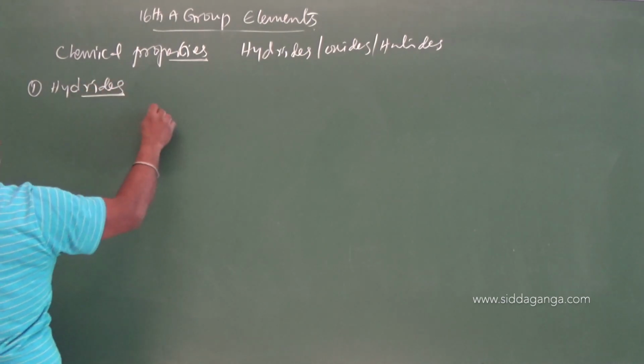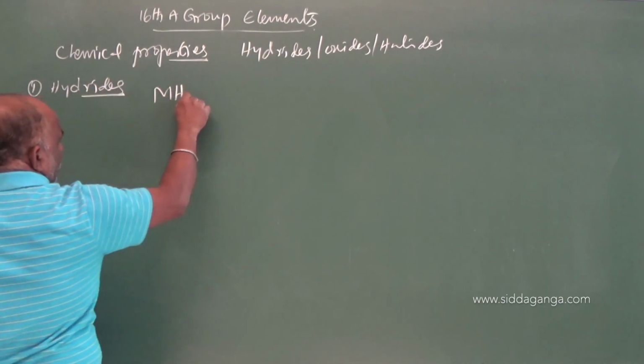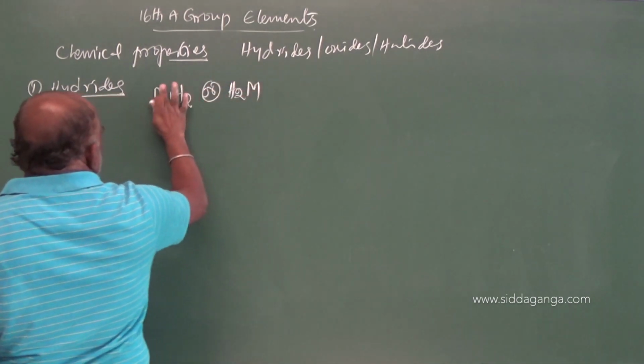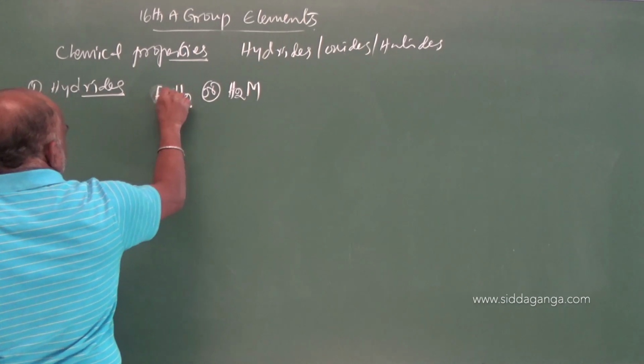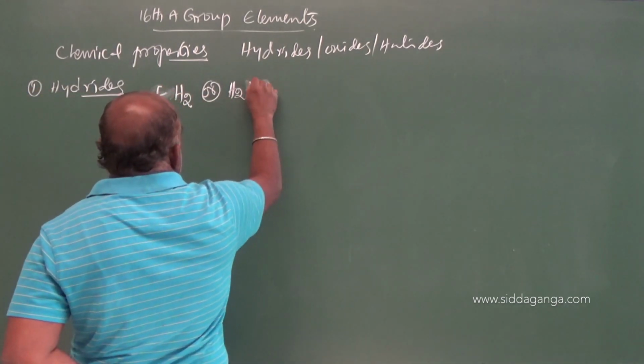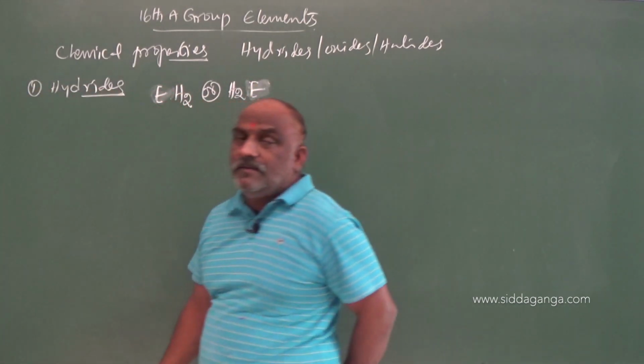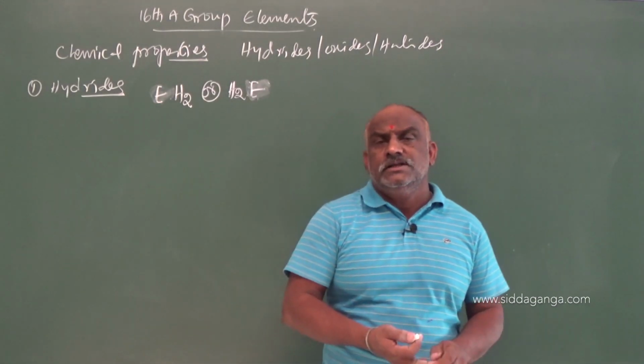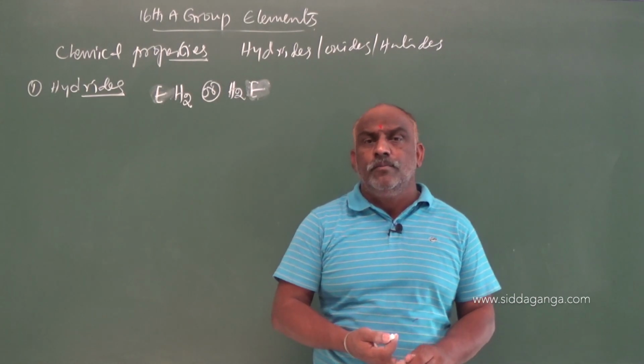The general formula of these group hydrides is MH2 or H2M. Instead of M you should write E. What is E? E is a 16th A group element. 16th A group elements means oxygen, sulfur, selenium, tellurium and polonium. Clear?